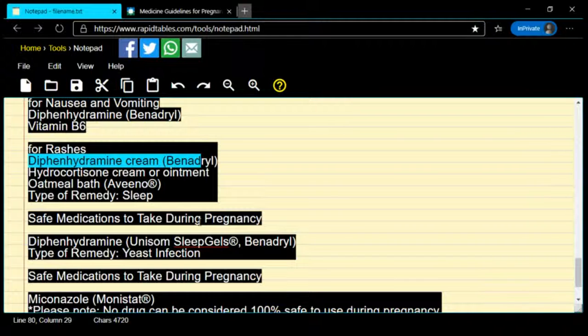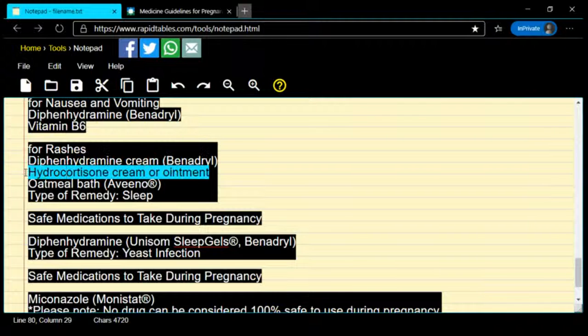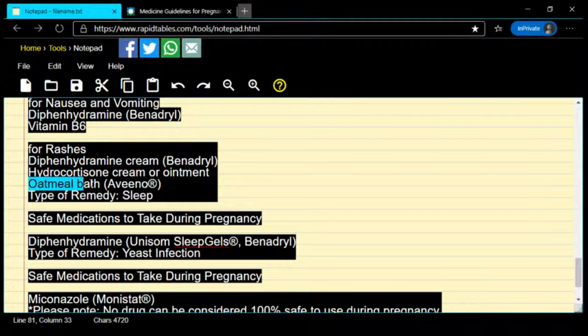Next, hydrocortisone cream for ointment. Hydrocortisone cream is also used in treatment for pregnant women. Next, oatmeal bath, Aveeno.